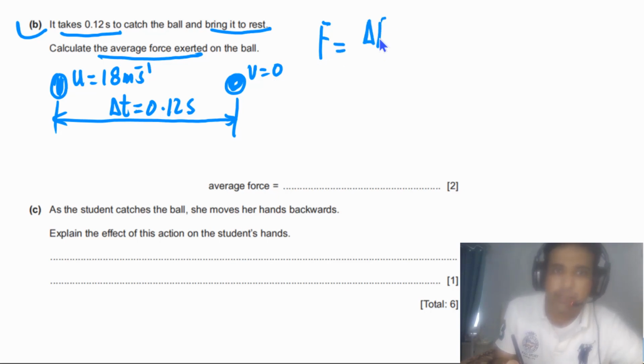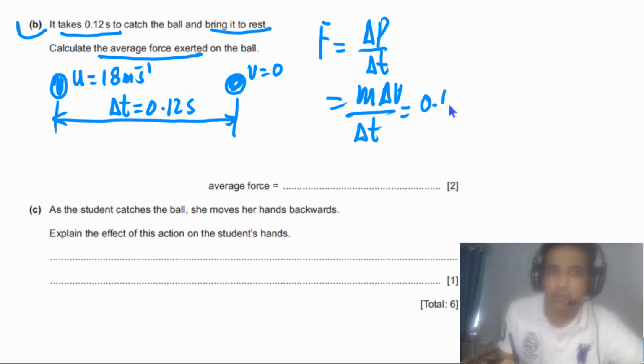F is equal to delta p over delta t, meaning the net average force. So F is equal to m times delta v divided by delta t. Mass is given to us, that is equal to 0.160, and the change in velocity we have, so we can write down 0 minus 18 divided by delta t, that is 0.12.